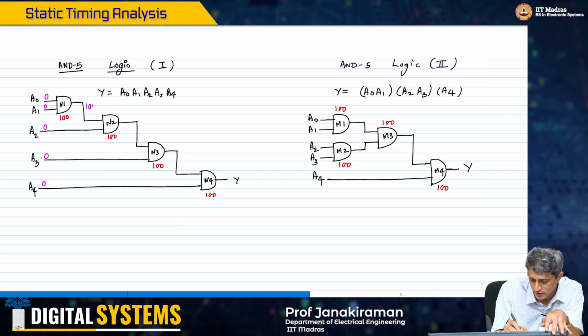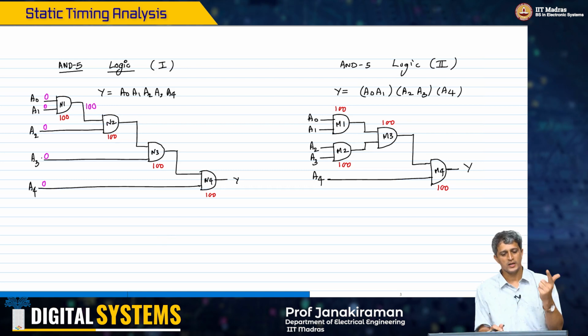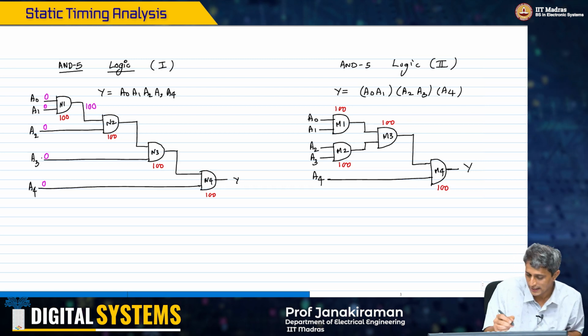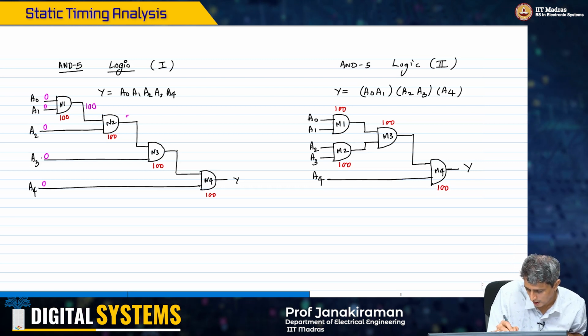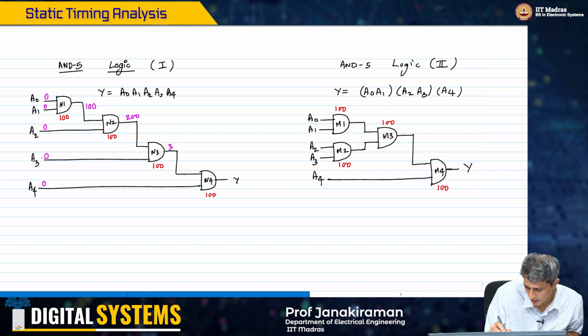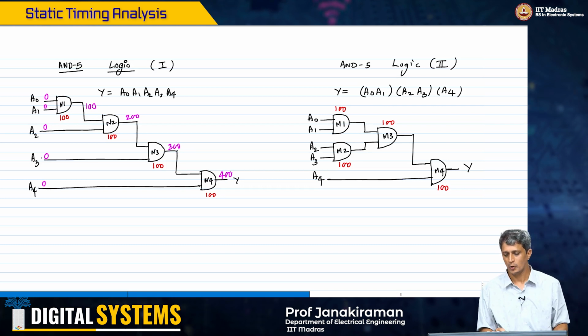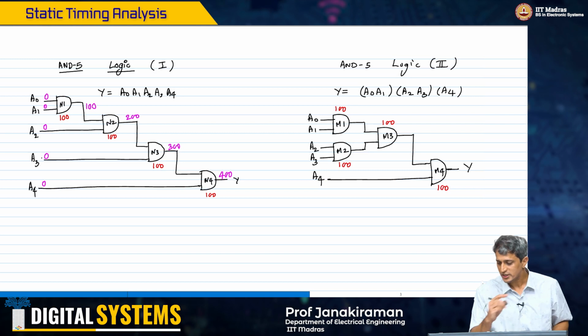So this will stabilize at 100. Now for N2, two inputs, one is a primary input which comes at 0, the other input comes at 100, so the max is 100. So 100 plus 100, 200. Likewise for N3 it is 300 and N4 it is 400.